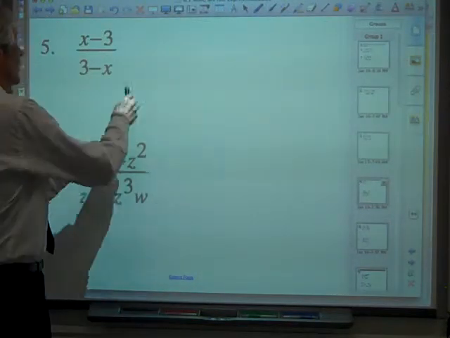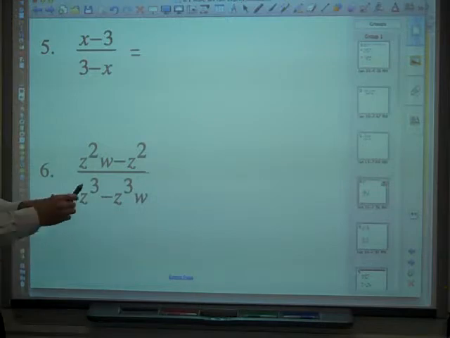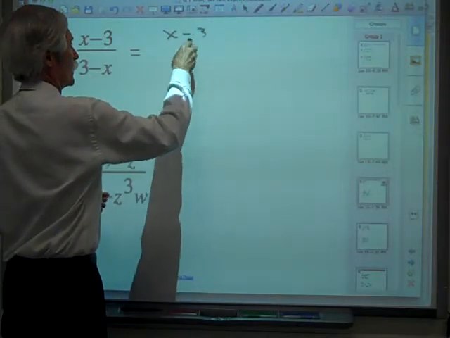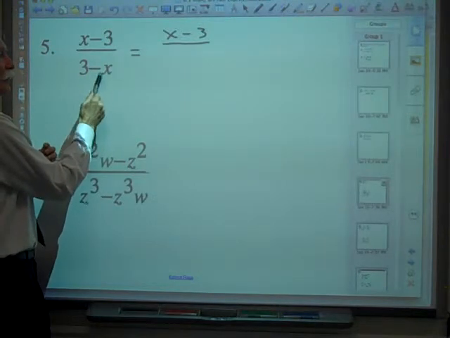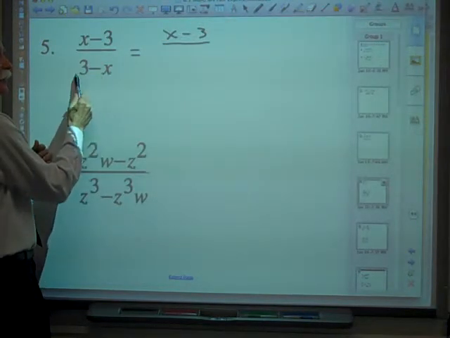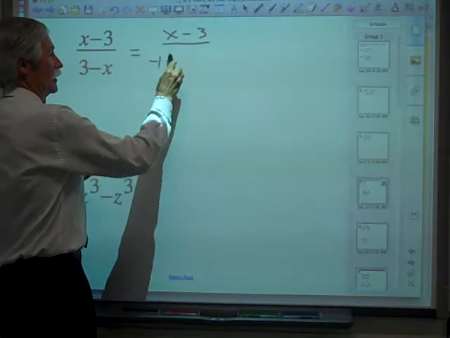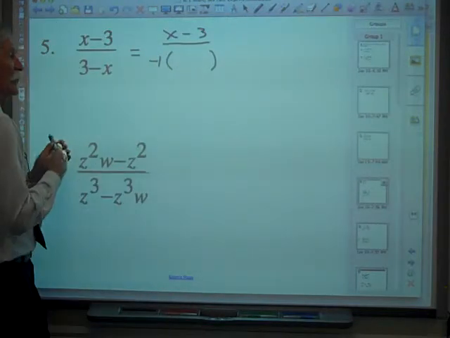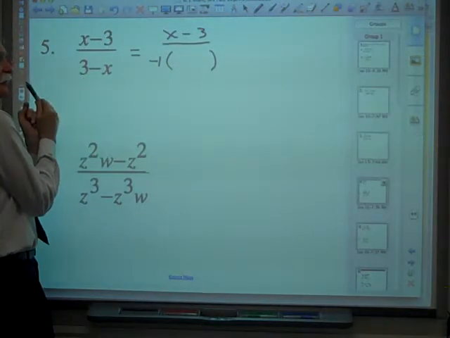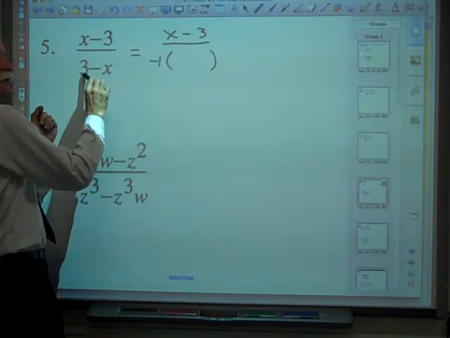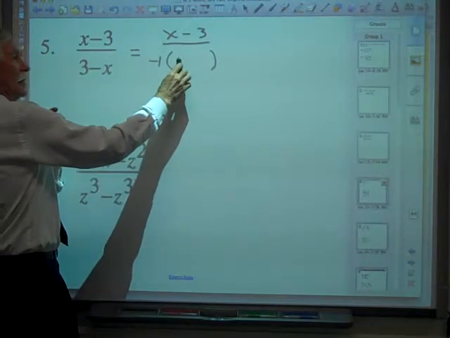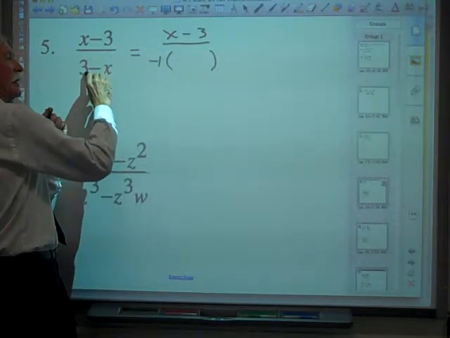So what does happen is I can factor a negative out of either one of these. This is easier to factor a negative out of. If I factor a negative out of these, what's left? A negative times what makes a positive 3 plus x?